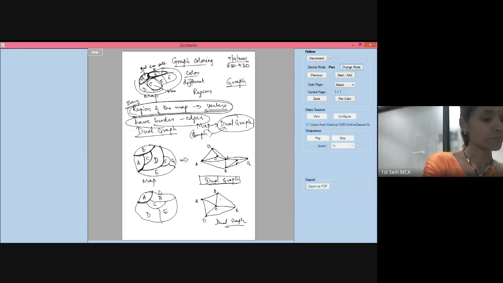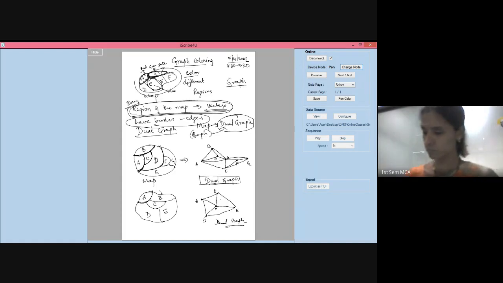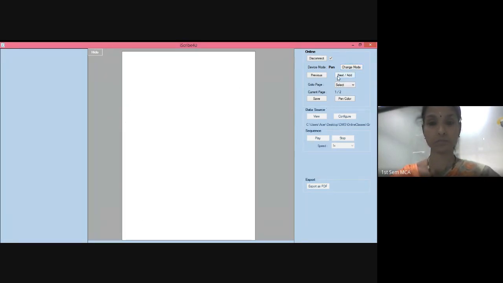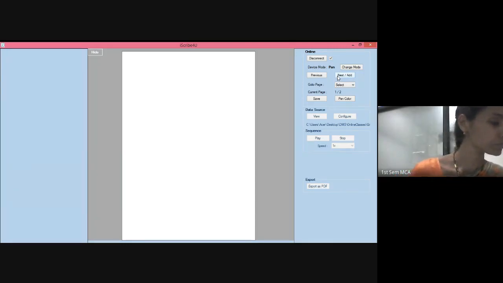So let us go ahead with this. So that's how we try to draw a dual graph.